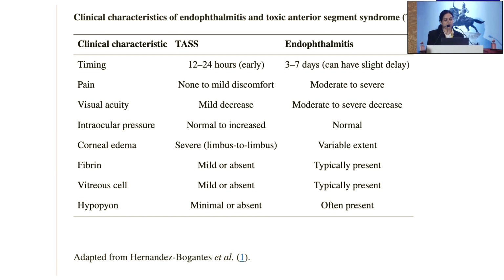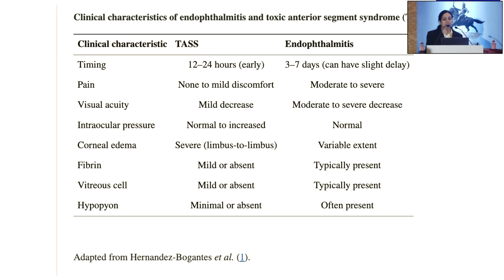TASS usually appears between 12 to 24 hours, while endophthalmitis takes 3 to 7 days. That is why we should see our patient on the second day and at 1 week after surgery. Pain is mild discomfort in TASS and moderate to severe in endophthalmitis. Visual acuity is mildly decreased in TASS.